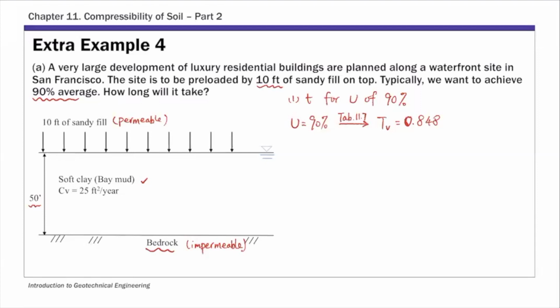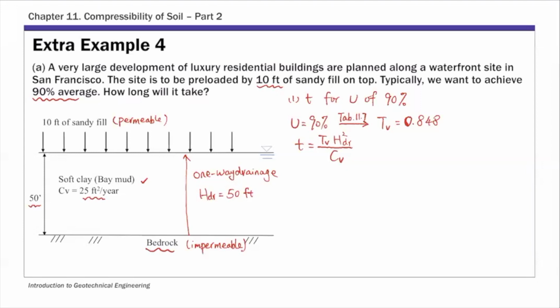And for that, we need H_DR. So H_DR, this is one-way drainage. And H_DR is 50 feet. Okay, thickness of the consolidating layer for one-way drainage. Okay. So then we can calculate time t. And C sub V, 25 feet squared per year, that's given.